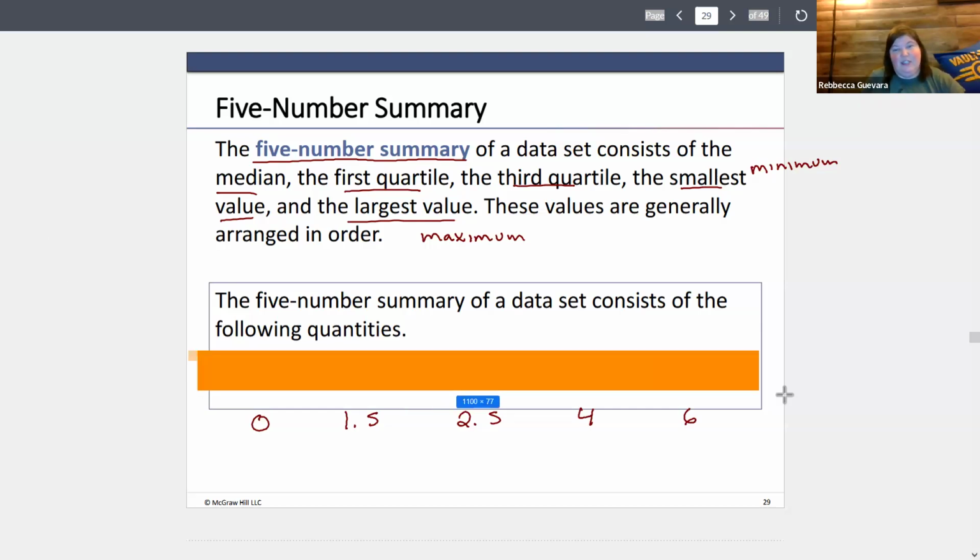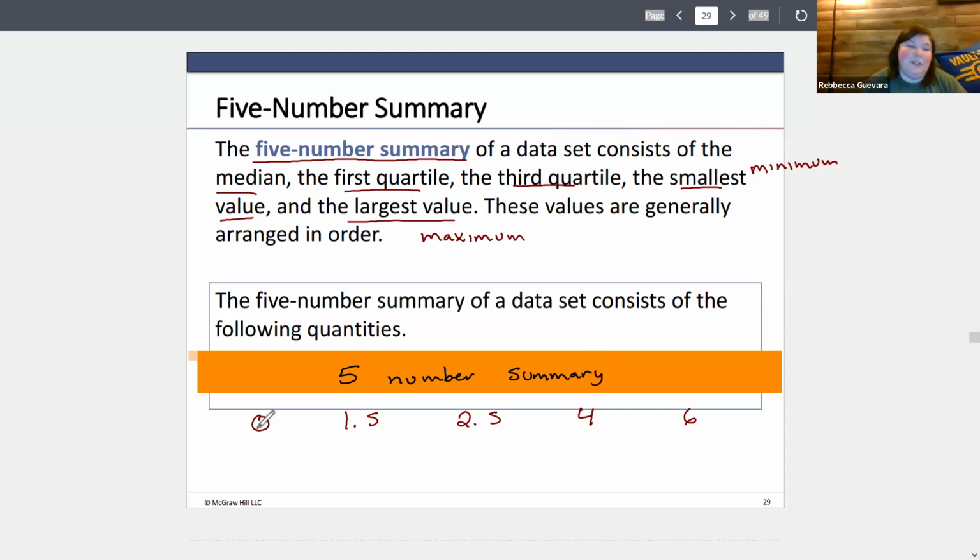So you might just see it listed like that, not necessarily as minimum, Q1, Q2, Q3, and maximum. Just be prepared, if you're given a 5-number summary, you may not have labels on it.